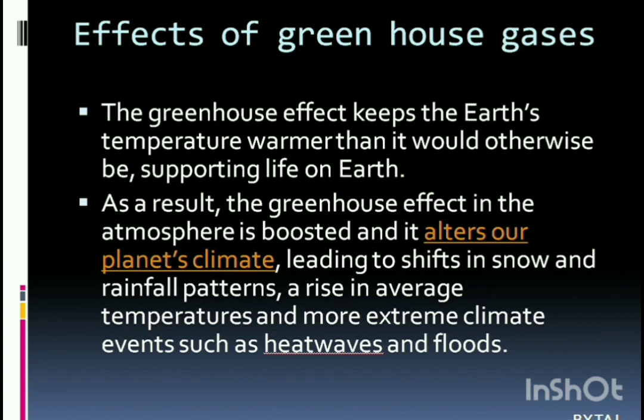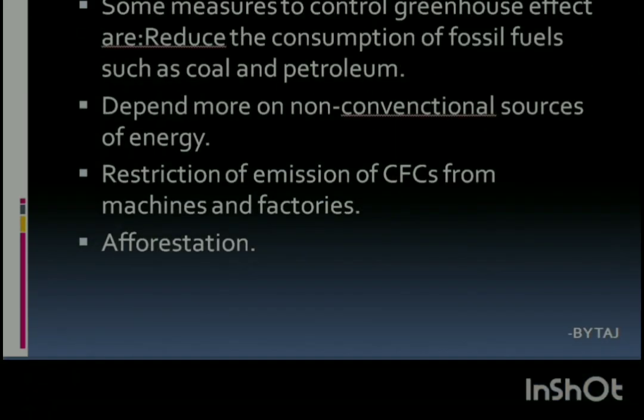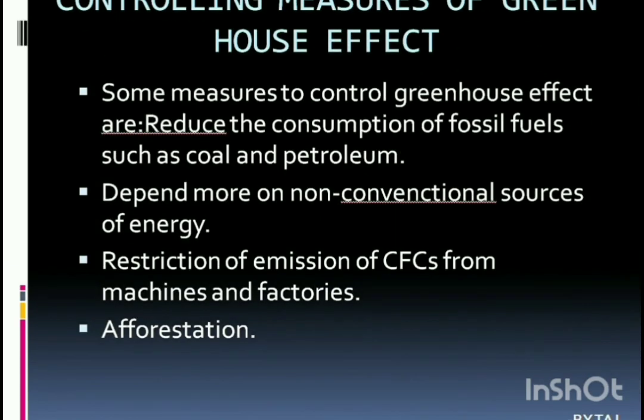As a result, the greenhouse effect in the atmosphere is boosted, that means increased, and it alters our planet's climate, leading to a shift in snow and rainfall patterns, a rise in the average temperature, and more extreme climate events such as heat waves and floods.